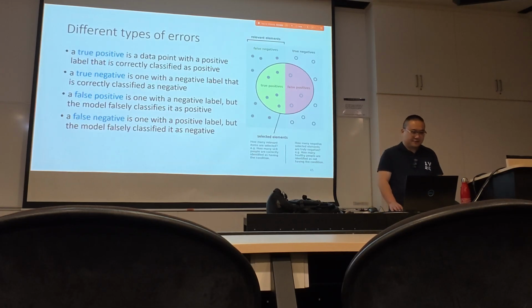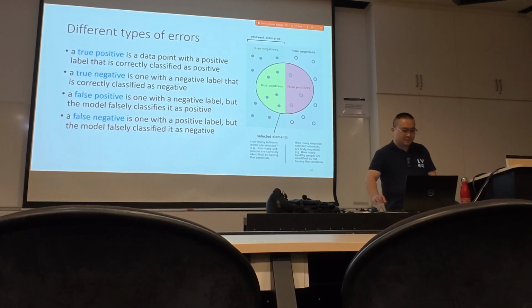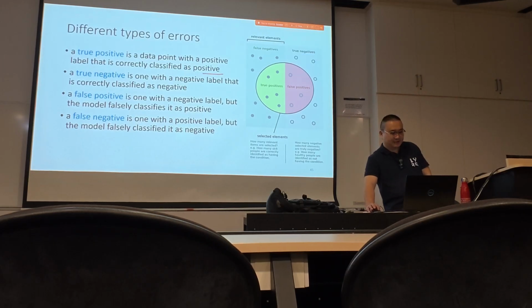Here are the definitions for these different predictions. A true positive is a data point with a positive label that is correctly classified as positive. A false positive is a data point with a negative label that we falsely classify as positive.